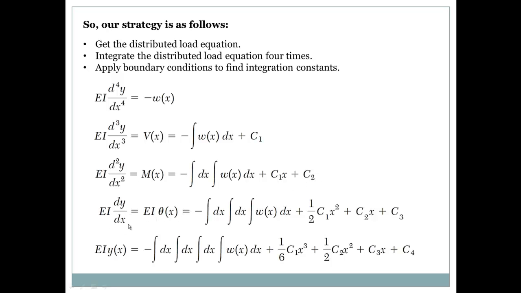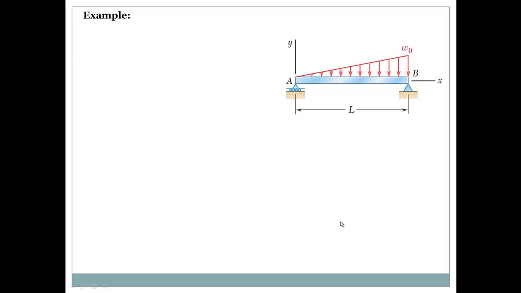Then if you integrate one more time, you will have the slope equation. That will add a third constant of integration, and for the fourth time you will have y of x, and you'll have 4 constants of integration. Let's take a look at the example, and hopefully that's going to clear it up.